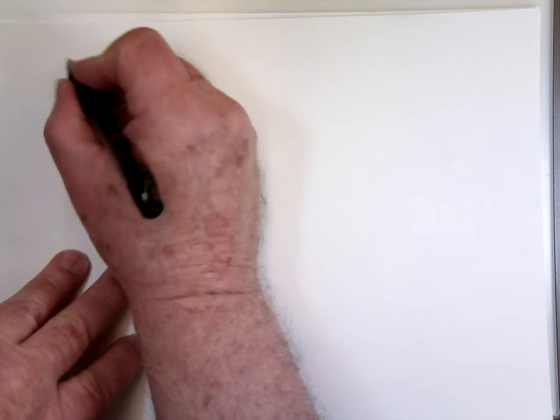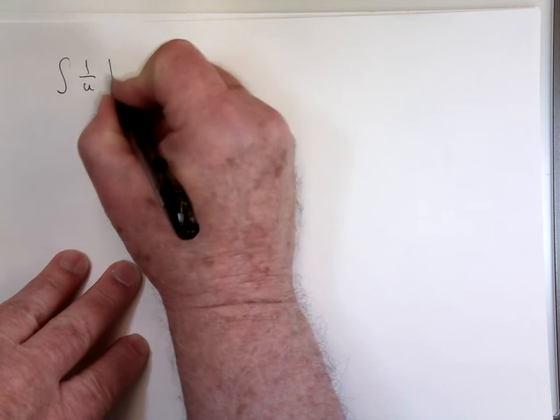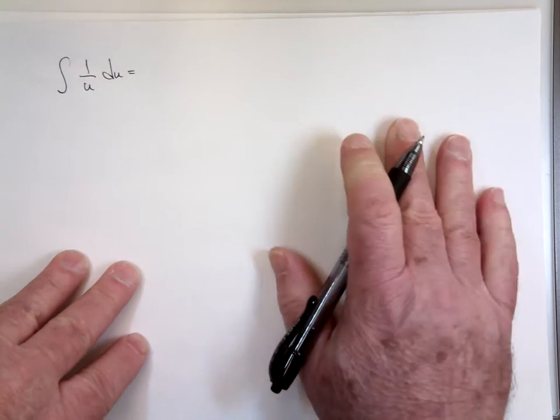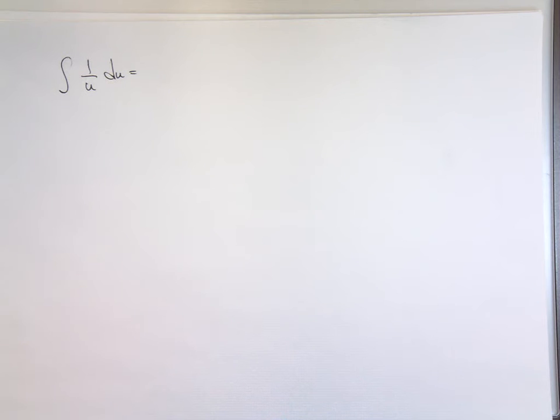Alrighty, let's go on. We need to derive a couple more integration rules, and we're going to use the integral that we already have, the integral of 1 over u du. This is now 5.7.